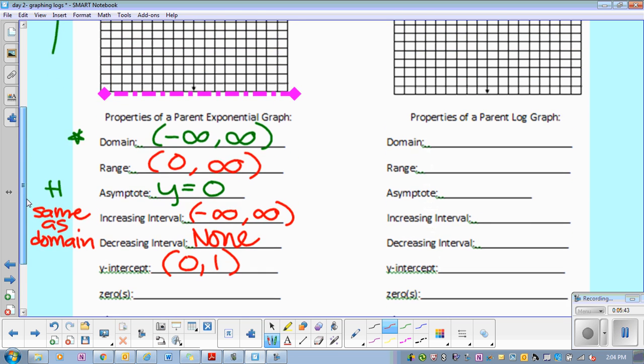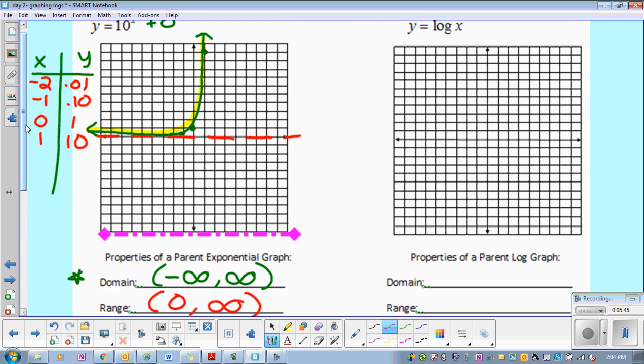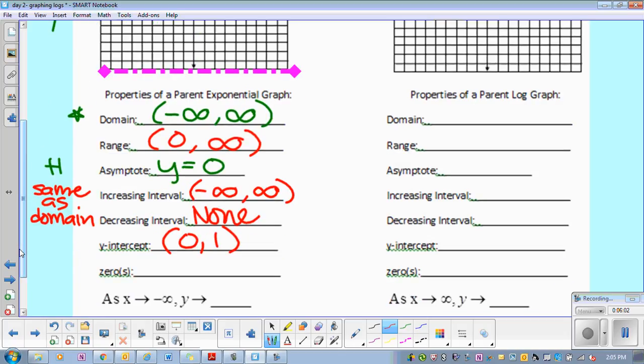Now, do we have any zeros or x-intercepts? Does it cross through or touch the x-axis? Right there, that red line? No, it can't, because that's where the asymptote is. And remember, your graphs are not going to touch that asymptote. So zeros, none, because the asymptote is there.